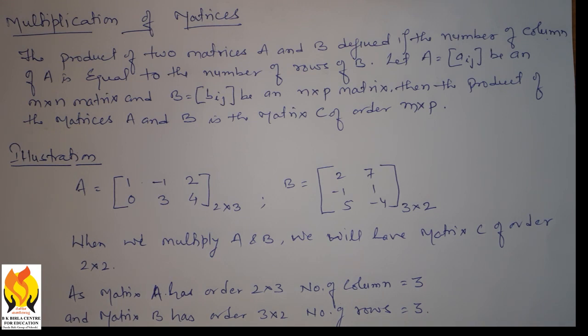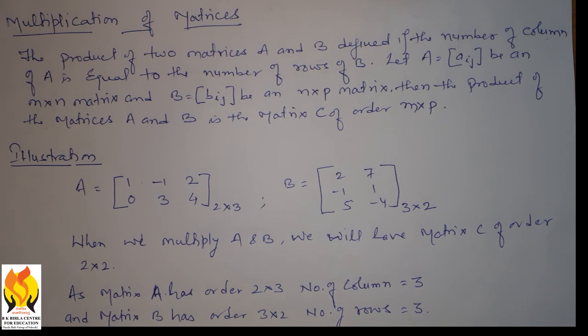Let A be a matrix with elements Aij of order m by n, and we have another matrix B with elements Bij of order n cross p. Then the product of the matrices A and B is the matrix C of order m cross p.